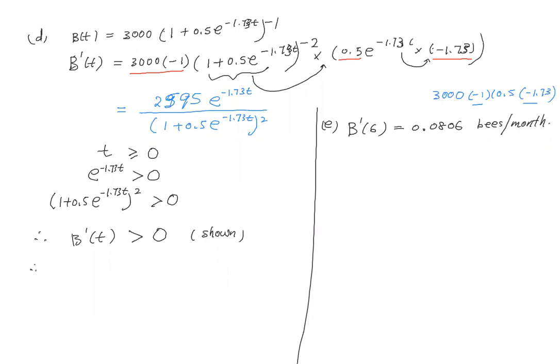Part F, when we do the graph, we have to check whether it involves an inflection point or not. We know that the inflection point is ln(A) over B, correct? So the A here is 0.5, ln 0.5, and the B is 1.73.